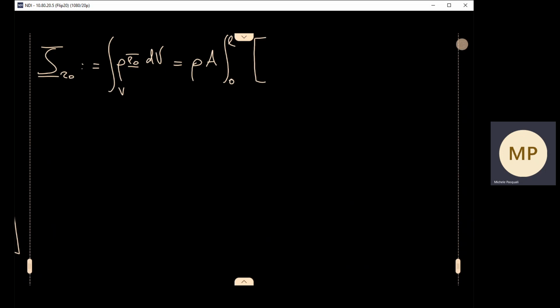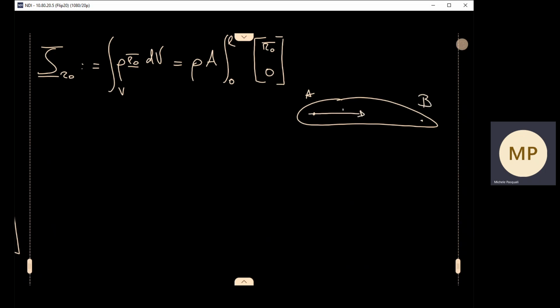And R0 over bar, what is it? It's the vector composed like this. Why is it done like this? If you remember, here I should have written R01 and R02, but I only write R0. This is our link, and this is A and this is B. This is R01, the coordinate along the length, and this is R02, the coordinate along the transverse direction.